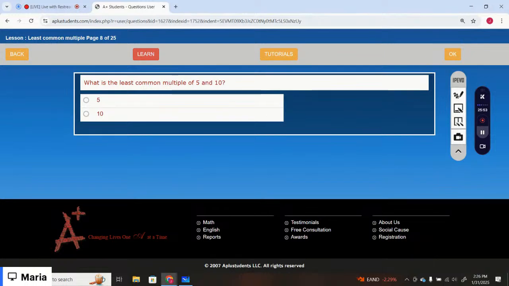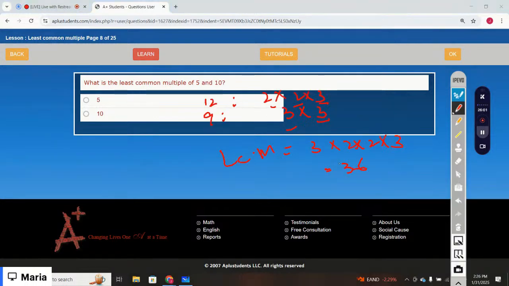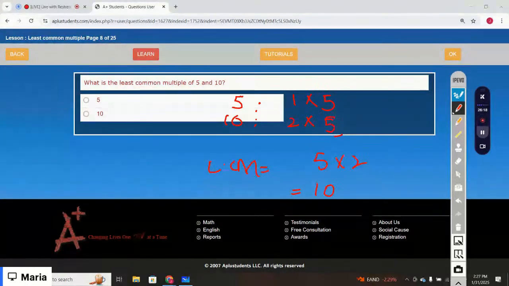What is the least common multiple of 5 and 10? You have to write down the prime factors of 5 and 10. Prime factors of 5 are 1 times 5, and the prime factors of 10 are 2 times 5. So the common multiple is 5 and the non-common multiple is 2, so their LCM is 10.